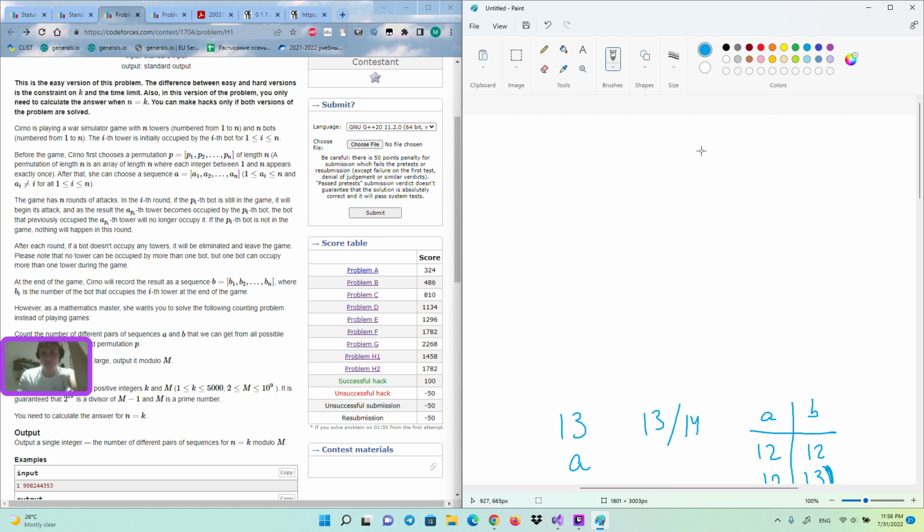So let's put it like this. We have several bots. Yes, we have several bots.